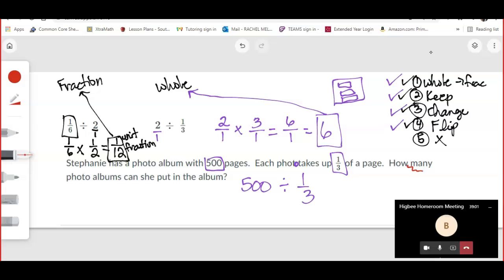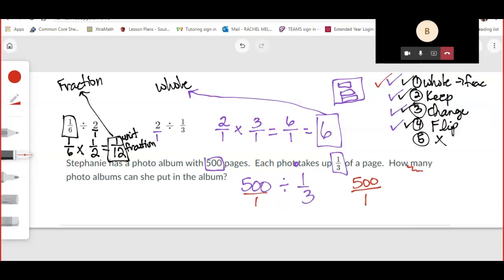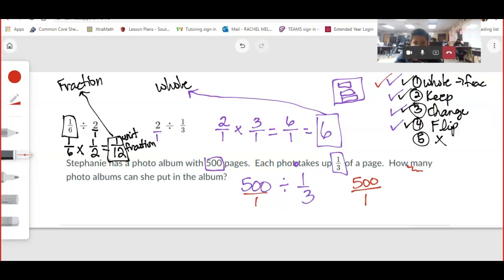So what do I do to the 500? Change it to a fraction. Okay. Then what? You flip the fraction. Well, no, not yet. We've changed to a whole number. I'm going too fast. What's the second step? You keep it.